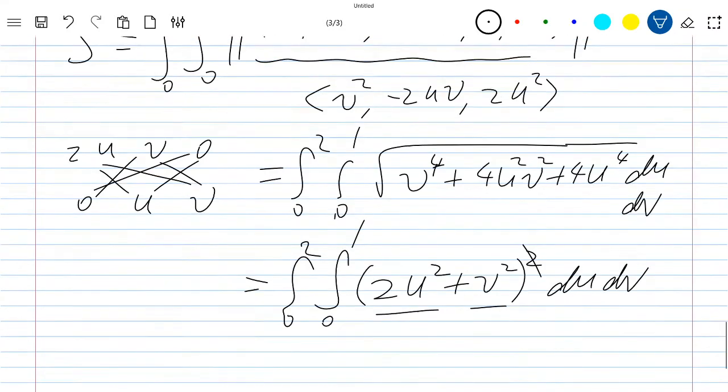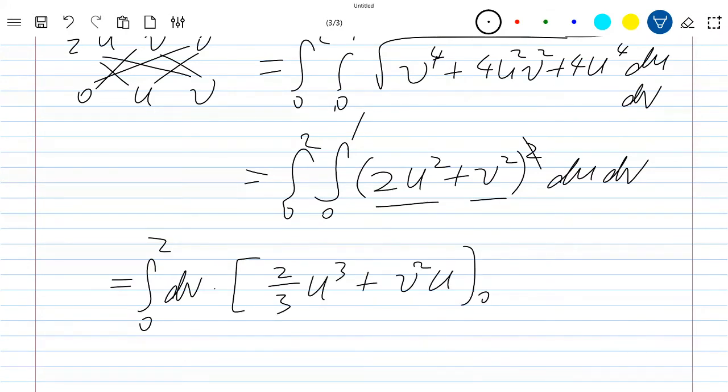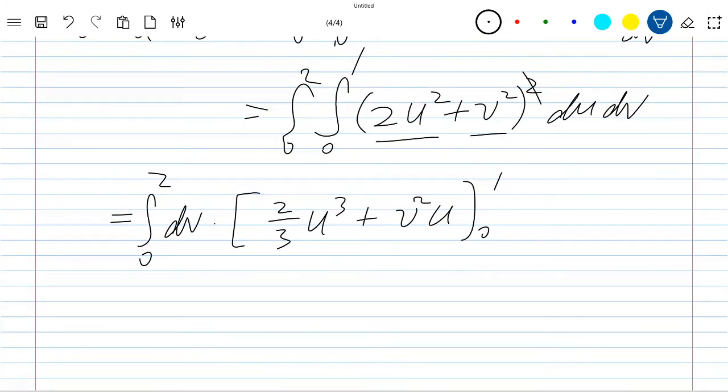Alright, so then we can integrate. That's pretty easy. Integrating for u, you get 2/3 u cubed plus v squared u from 0 to 1, and you plug in u, so you get 2/3 plus v squared.